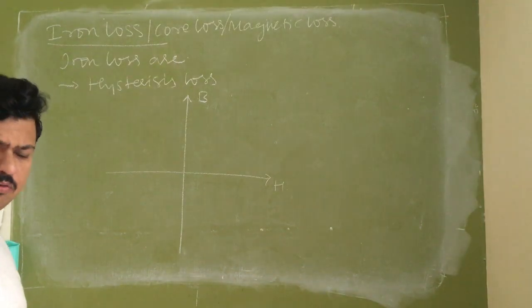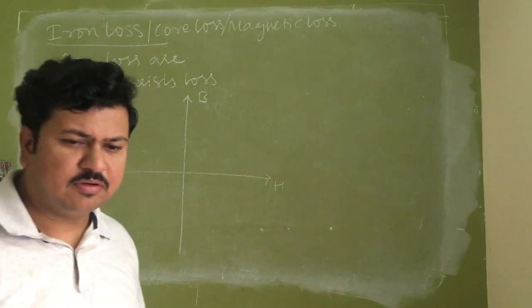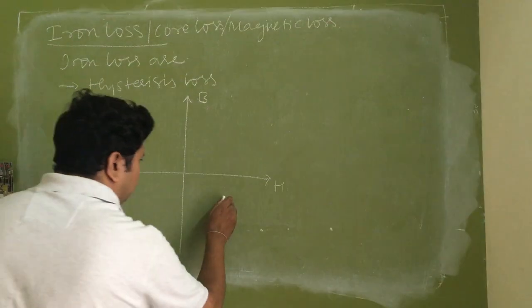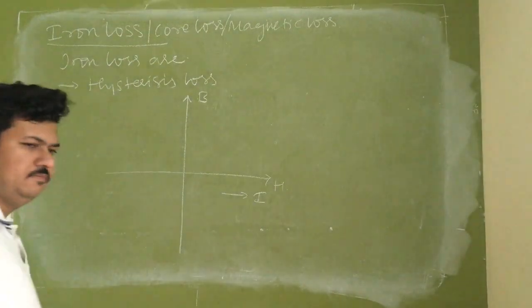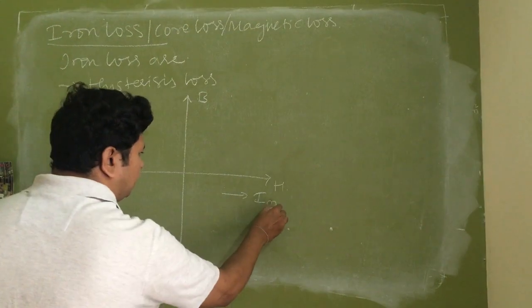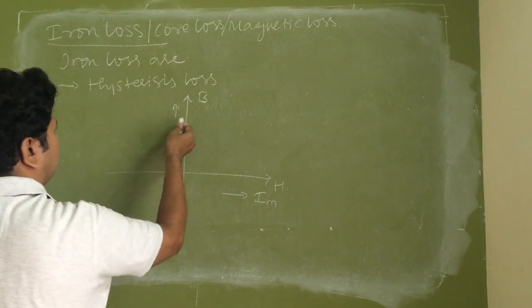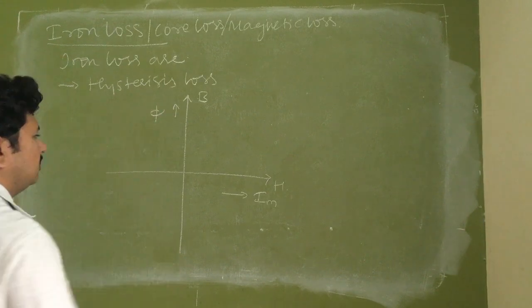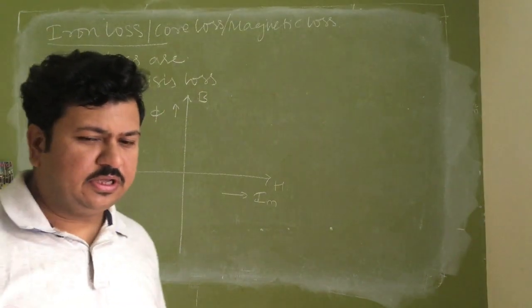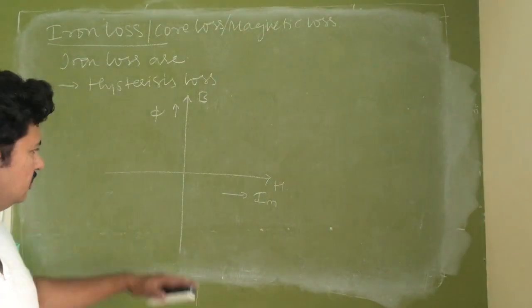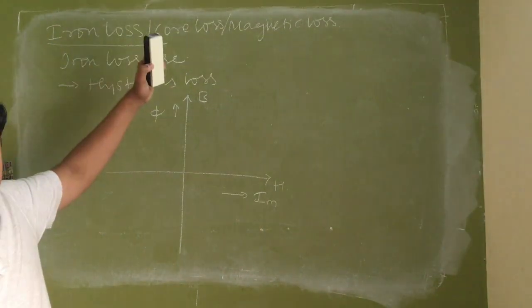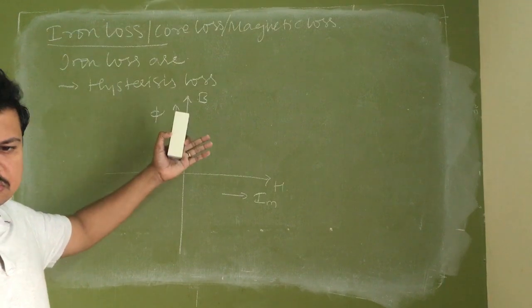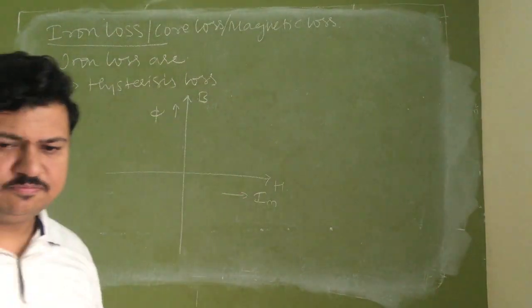If you want to understand this at a very simple level, let us consider this as the magnetizing current, IM, and let us consider that as the magnetization flux. Because the area of the core is constant, as I increase the magnetizing current, my magnetic flux will increase, and so the magnetic flux density will increase.